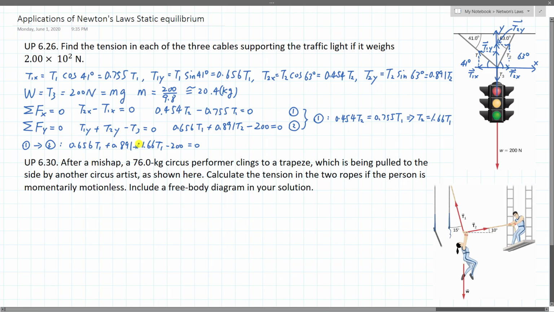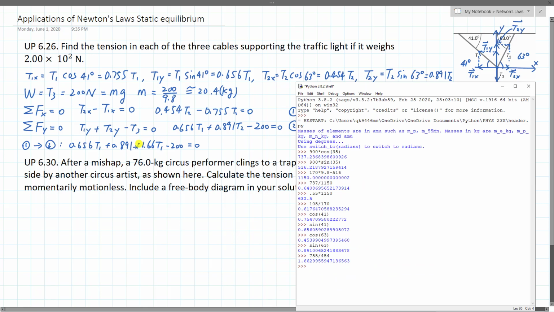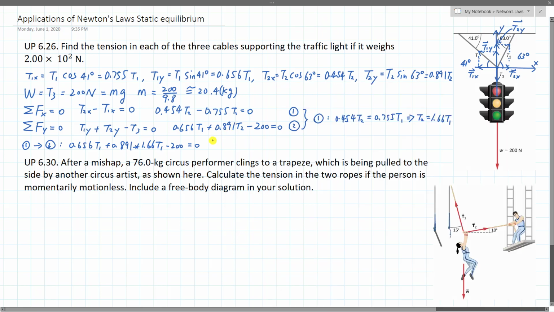So I can combine these two terms of T1. So let's combine them. 0.656 plus 0.891 times 1.66. So that's how many T1s. Okay, so we have 2.135, 2.14 T1. So 2.14 T1 is equal to 200.